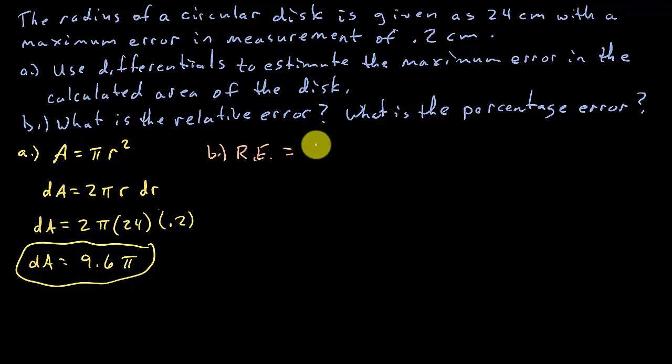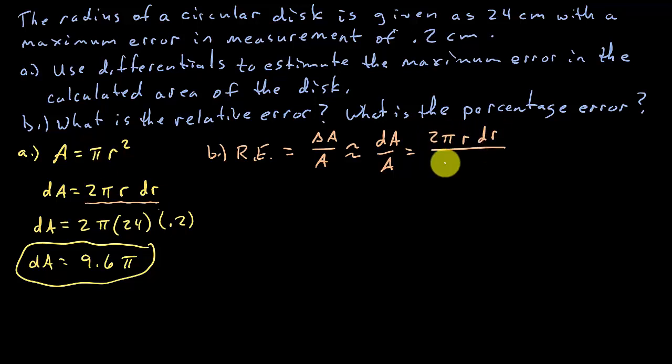The relative error is delta A over A, which we can approximate as dA over A. So what is dA? That's 2 pi r dr over the area, which is pi r squared. That's going to be 2 times dr over r.